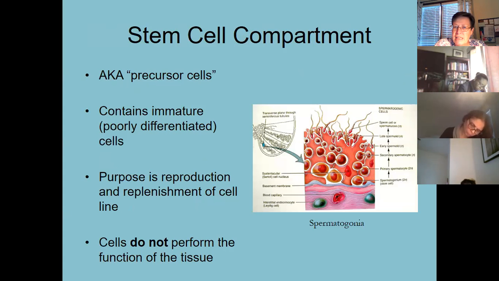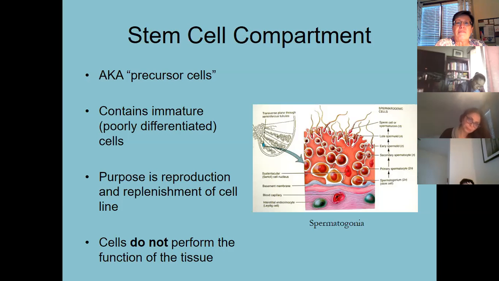Now, cells in the stem cell compartment are not performing the function of the tissue. These cells are immature, and their main purpose is to divide, because they are replenishing the cell line as the functional cells wear out and die off.